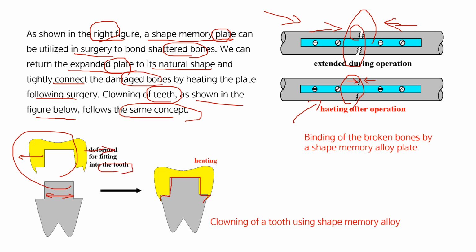Then we put this crown on the tooth and heat up. Then it moves back to the original shape and tightly bonds to the tooth. Okay.